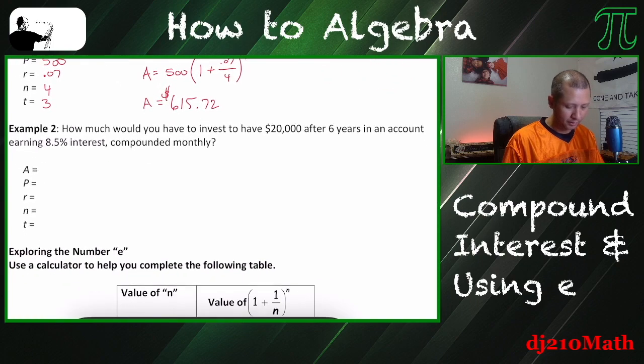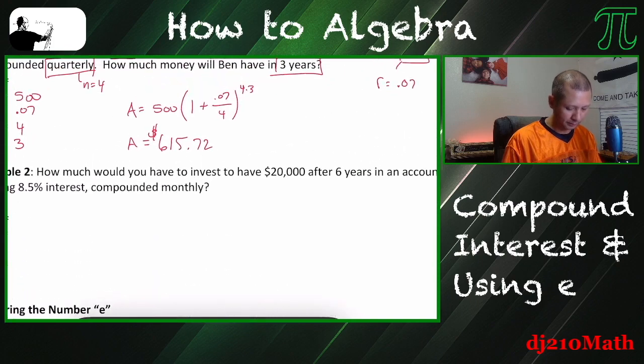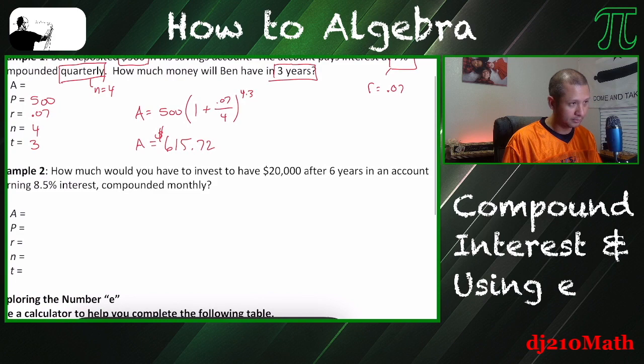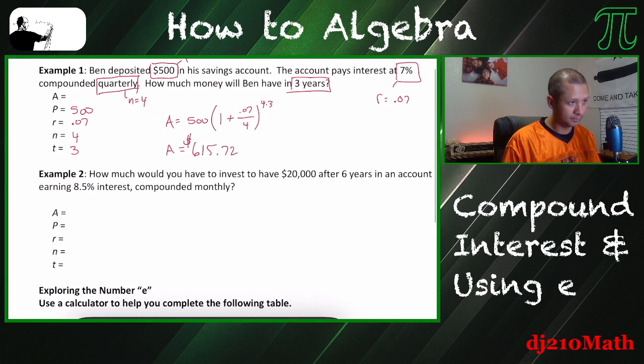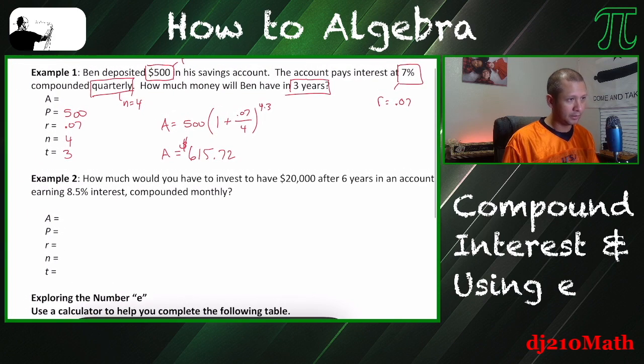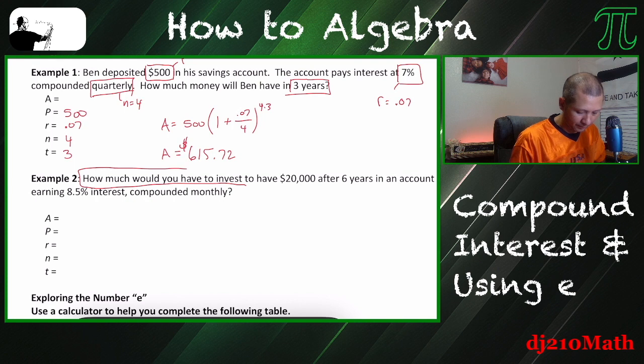Okay. Number 2 is going to be slightly different. So how much would you have to invest? So this is saying we don't know what we're starting with, right?